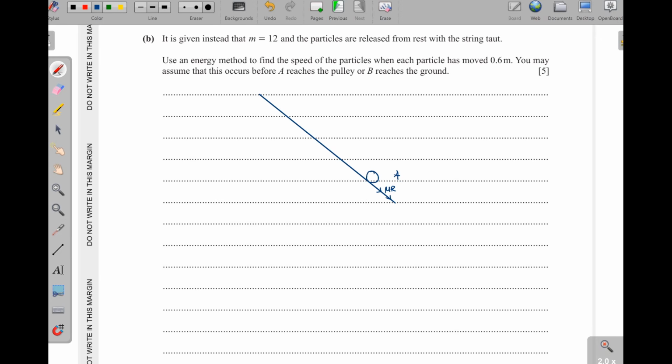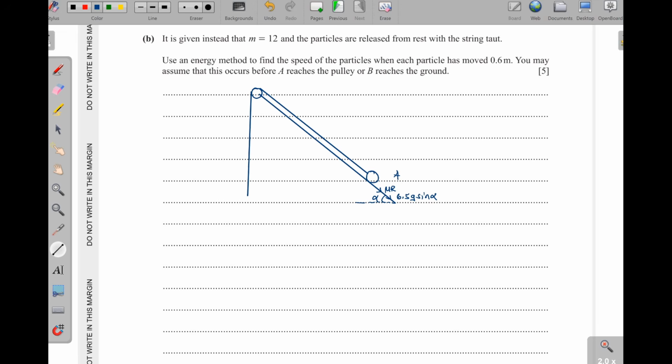And there is also mg sine alpha. You see that? Then here we need that alpha there. Then the pulley is here, so I'll put a string here, and then it will connect to this one down.